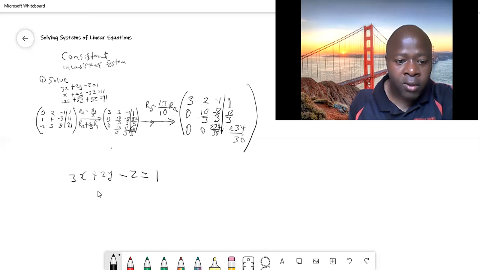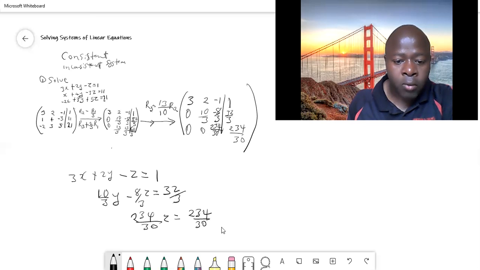The second equation here means 10 over 3 y minus 8 over 3 z equals 32 over 3. And the last equation here means 234 over 30 z equals 234 over 30.